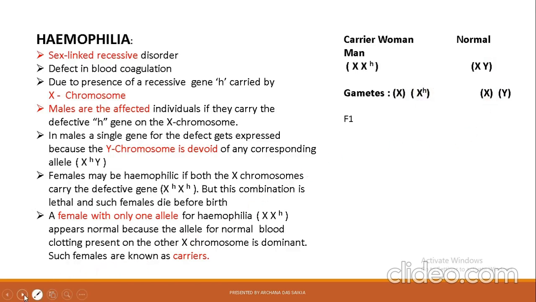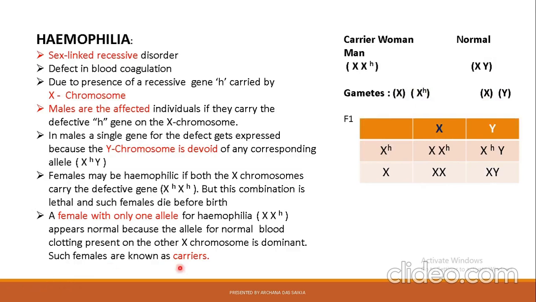Then what will be the F1 generation? In the F1 generation, these are the female gametes. So there are 50% chances of females being born to them, and 50% chances of a male child being born to them, as we have already learned in the topic under sex determination.